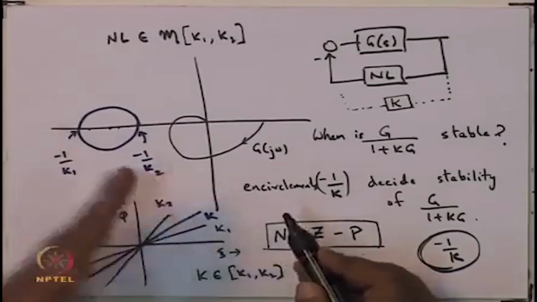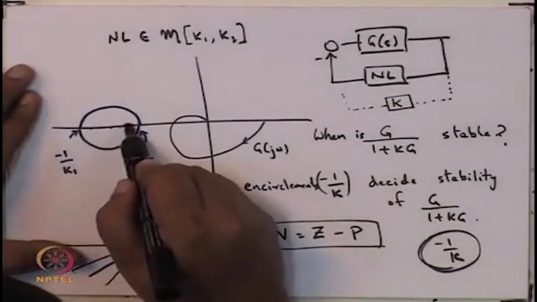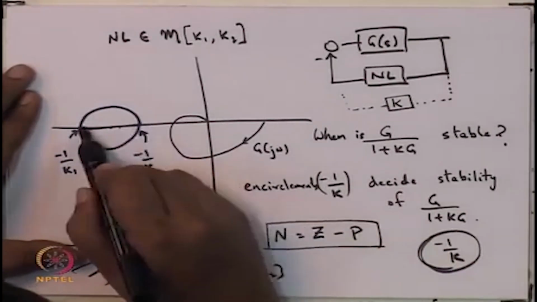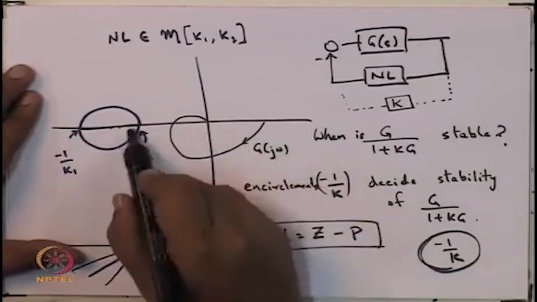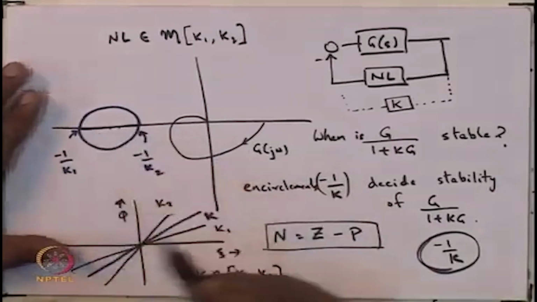So as you vary this k, you get all these points in the real part inside the circle, and it says that g j omega should not encircle any of them.